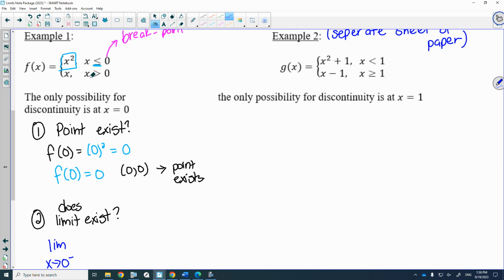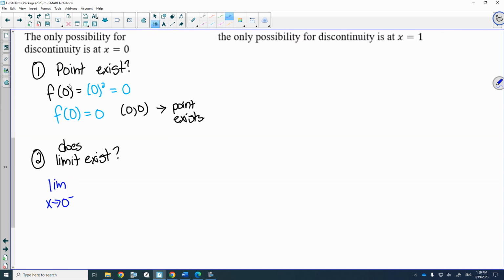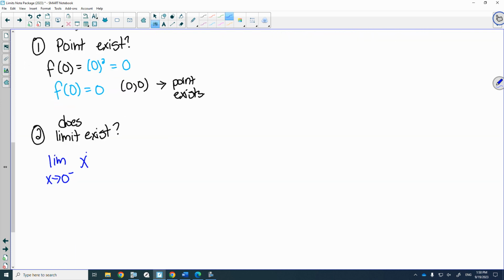Kayla, which would be my left-hand limit, the top one or the bottom, if I'm approaching 0 from the left? It'd be the top one. This would be my left-hand limit, and this would be my right-hand limit. So the limit as x approaches 0 from the left of x squared is equal to 0 squared, which is equal to 0.